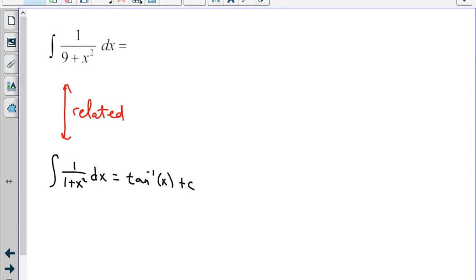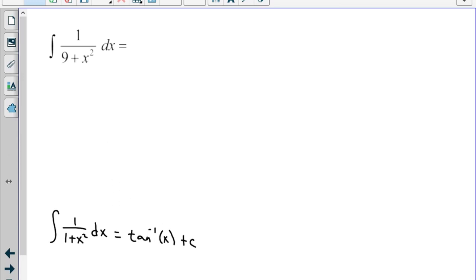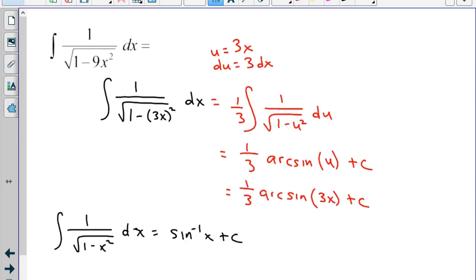So I'm going to want to make this look as much like the thing that we know as possible. So let's keep that in mind. In a problem like this, I can't just take what I did in the previous problem and have this 9x squared turn into a 3x, the quantity squared.